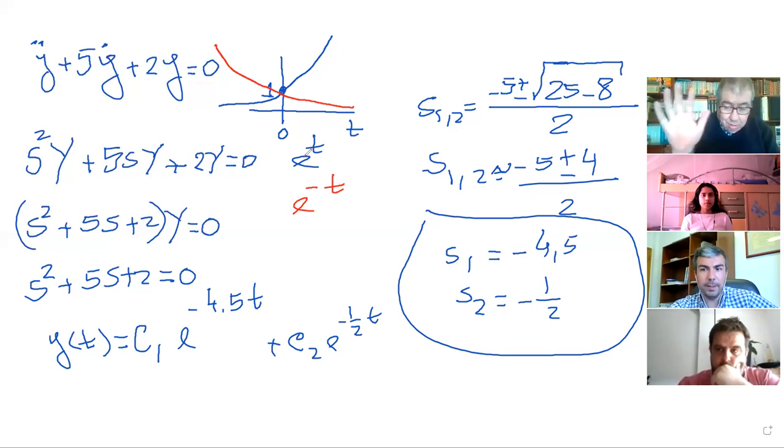Okay? Now I got it. Thank you. So negative exponentials go to 0. If you instead have, say, 2t, this grows faster.